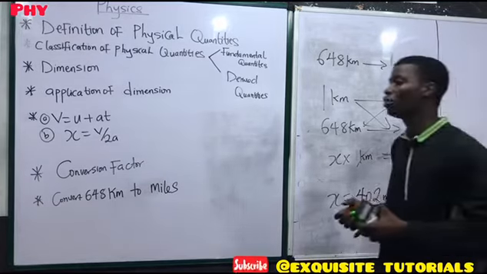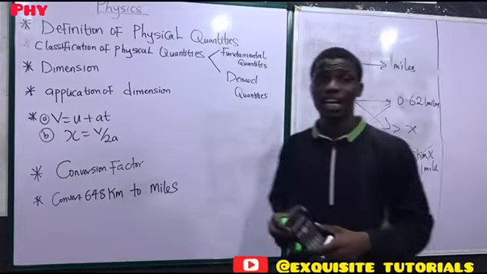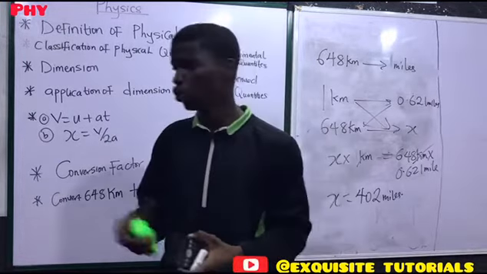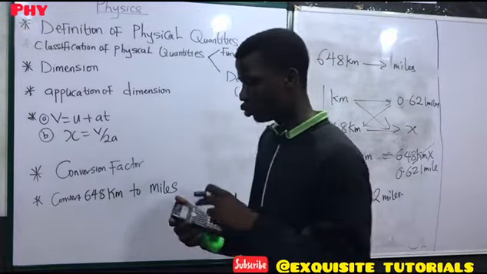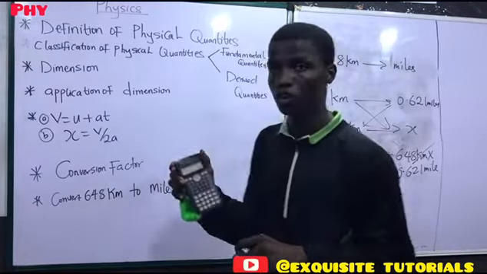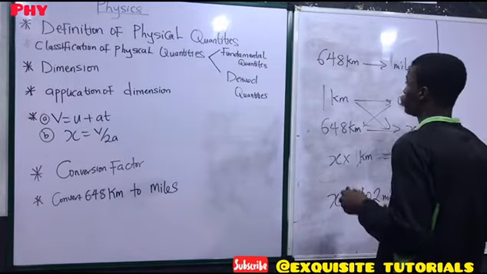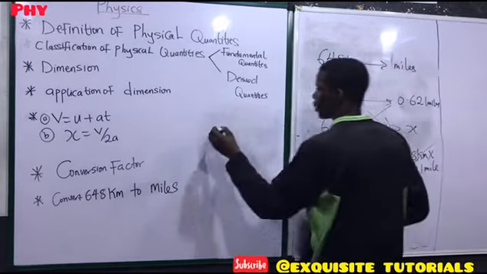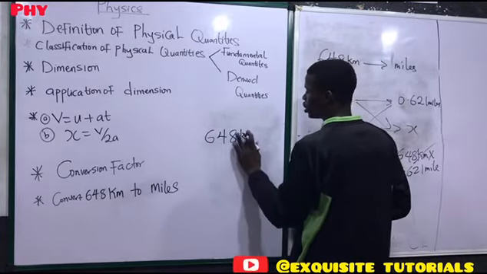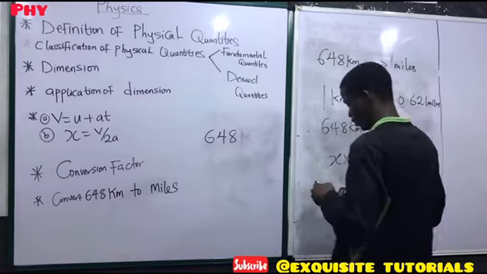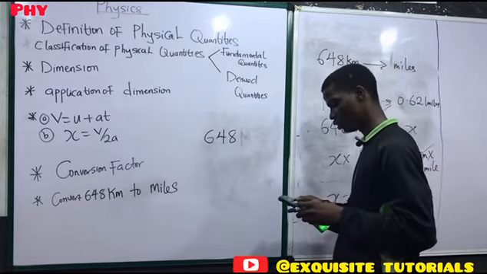Instead of undergoing this long stress, I don't like stressing myself. What I usually do is pick my calculator and solve for this conversion factor. How will I do it? You come to your calculator and first of all type the number 648.